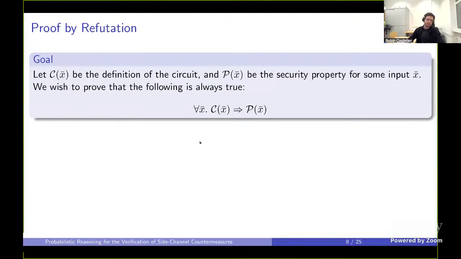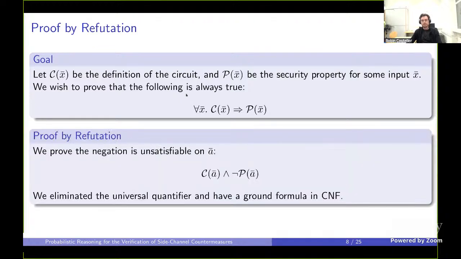So abstractly, we have the circuit, which is a definition, a bunch of logic gates, which we can express in logic relatively easily. And we want to prove that for all inputs to the circuit, the property holds. This is quite difficult to do. And in practice, what we do very commonly is refutation instead.